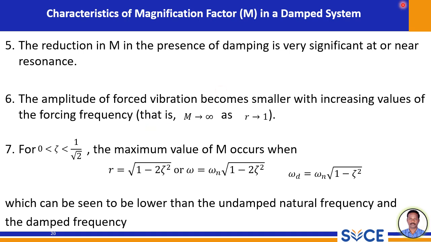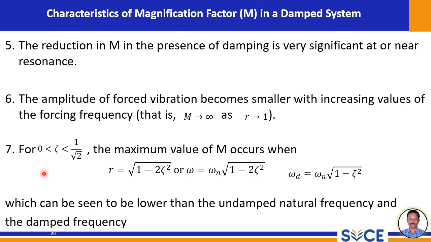This means that as the frequency ratio R increases beyond 1, the magnification factor decreases, indicating a reduction in the amplitude of vibration. Note that the statement M tends to infinity when R tends to 1 is very important. Next thing is when the psi value is between 0 to 1 by root of 2.